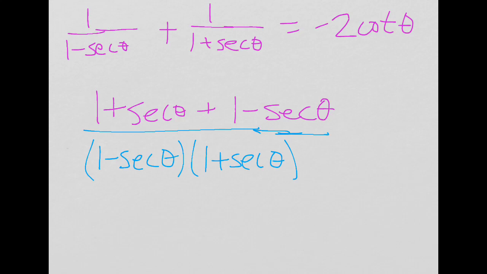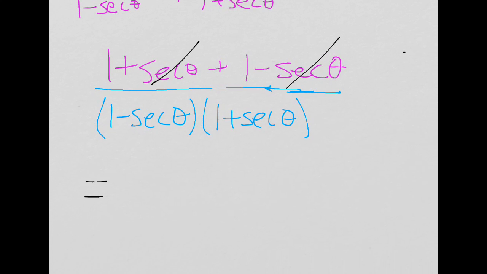Okay, so from here, what we need to do is simplify everything. See how this is plus secant, this is minus secant. And since this is all addition or subtraction across the top, I can just cancel those secants out.